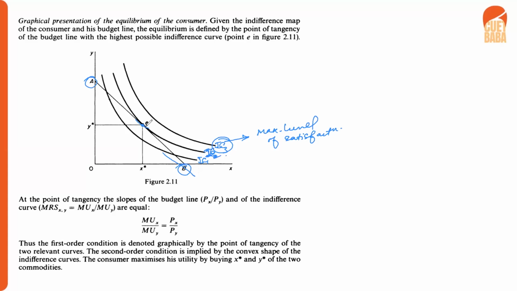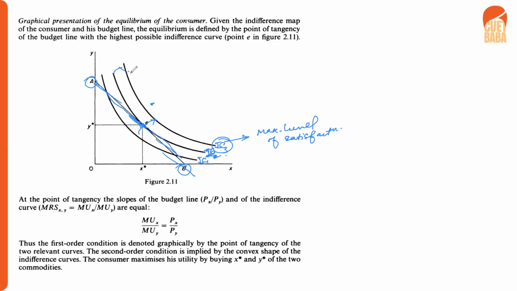So IC2 lies on the budget line, and thus we can consume only till that level and cannot go beyond that point. An example: suppose I prefer a Ferrari or any other car, BMW or anything. But if my budget level is only till a Creta or something, I cannot go above that.